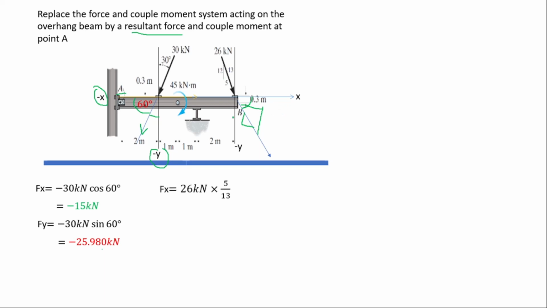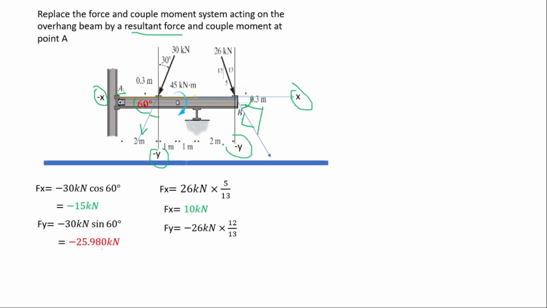When we do that correctly, we get Fx equal to 26 kilonewton times 5 over 13, because cos is adjacent over hypotenuse. When you do that correctly, you're going to get 10 kilonewton. You do the same for the y component, and note the x component is positive and the y component is negative.